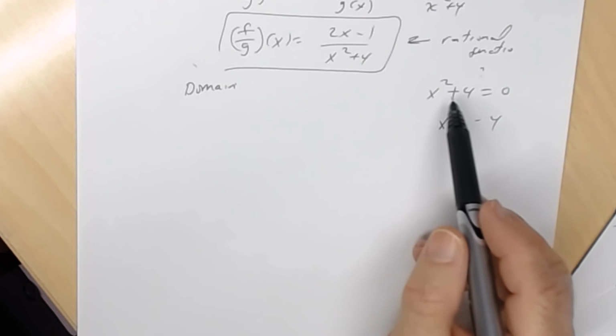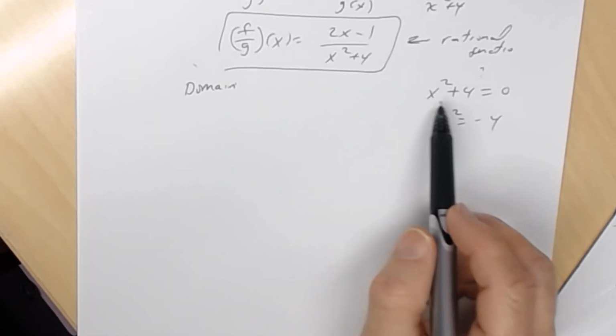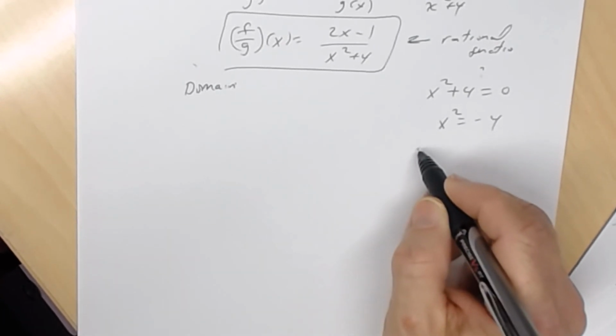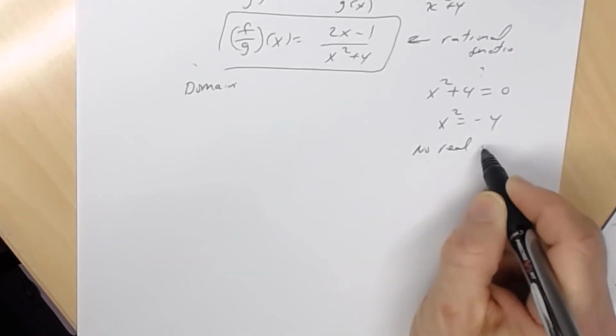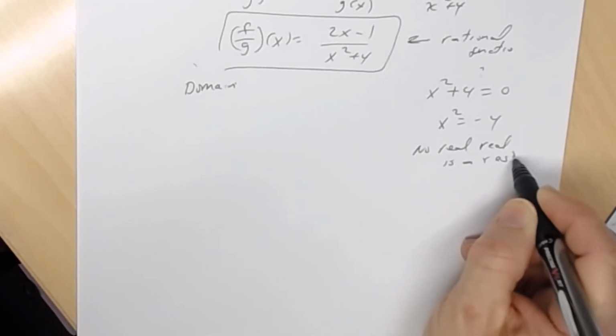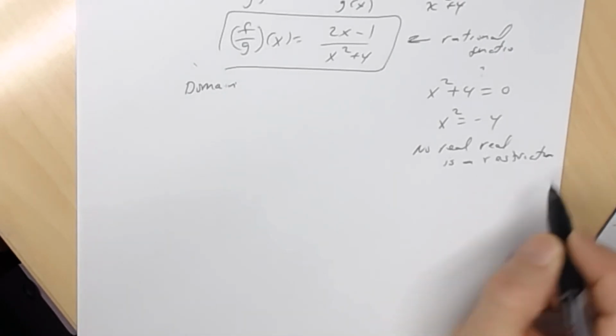So is there a real number where x squared plus 4 is equal to 0? The answer is no. No real number is a restriction.